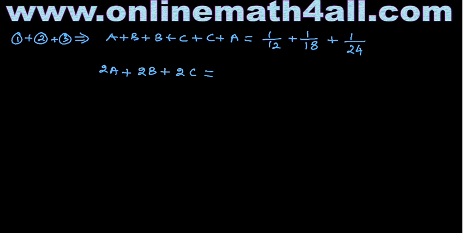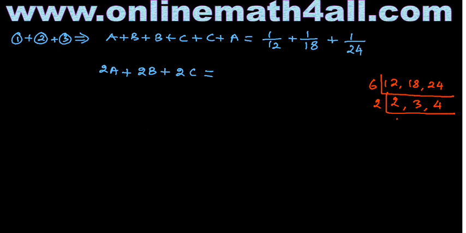So for that, see, 12, 18, 24, all these three values are multiples of 6, so I'm going to divide all these values by 6. When I divide 12 by 6 I'll get 2, when I divide 18 by 6 I'll get 3, and when I divide 24 by 6 I'll get 4. Now 4 and 2, these two numbers are multiples of 2, so I'm going to divide by 2.